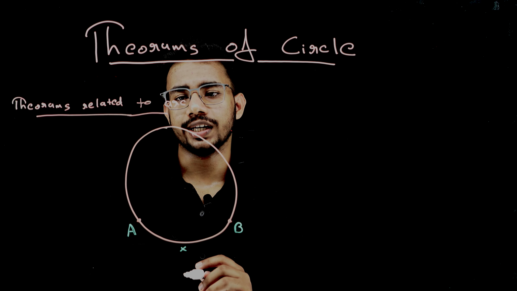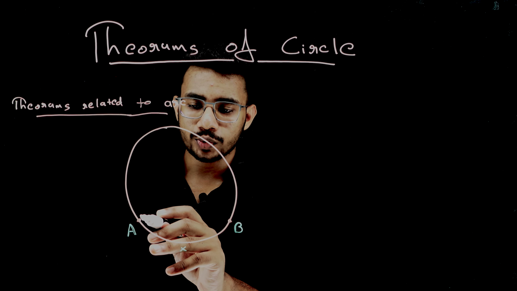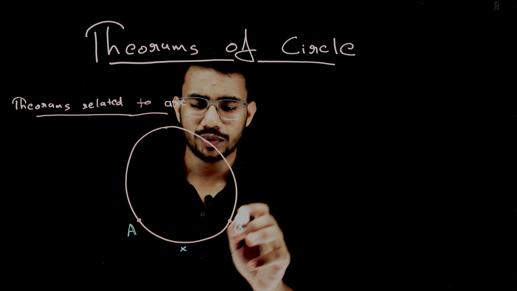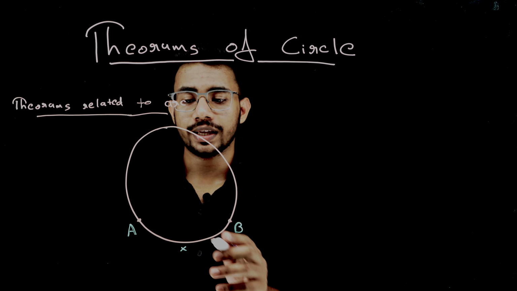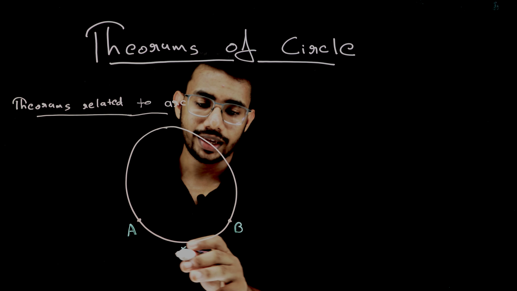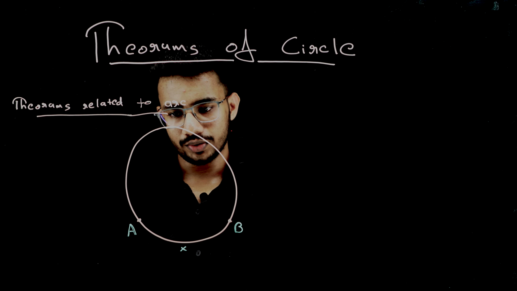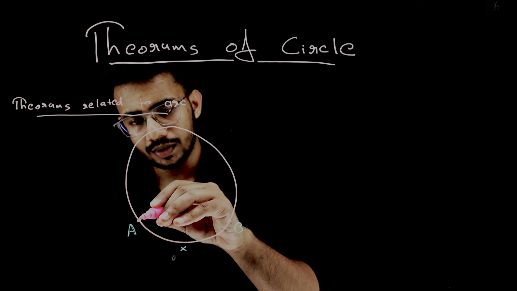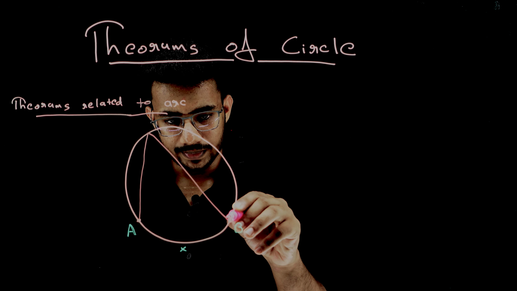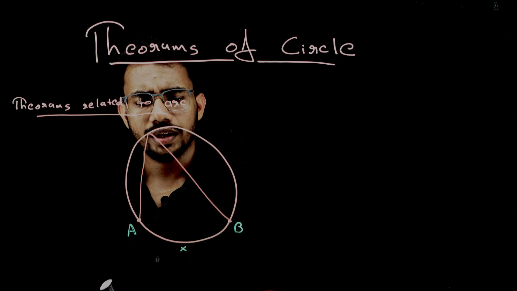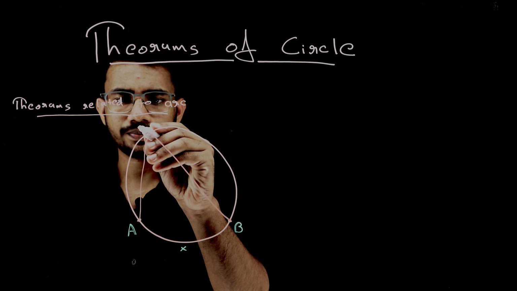What I'm going to do is make an angle by using this arc AXB. So that means AXB is making an angle like this, and let's say it is at the point P.